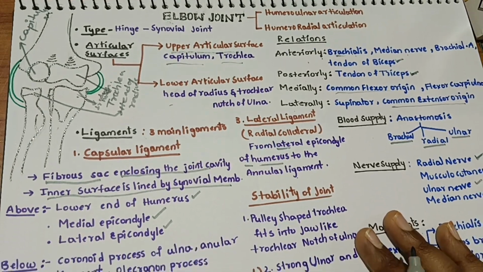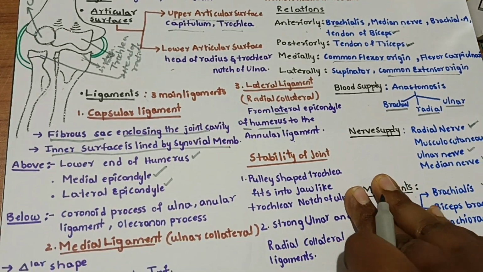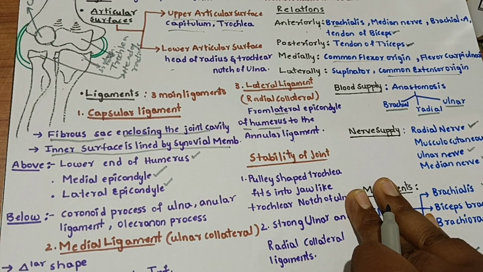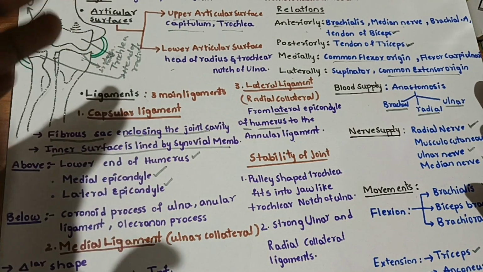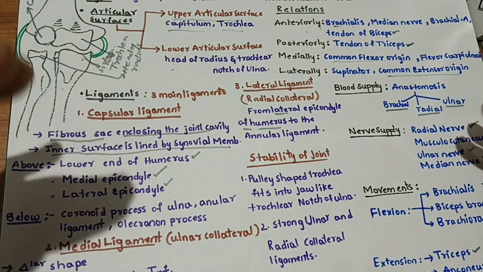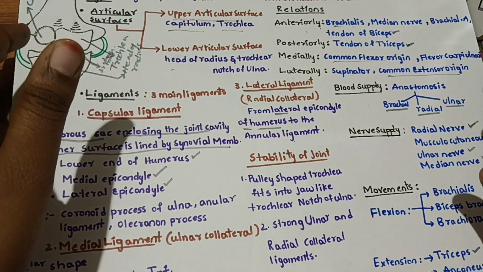The ligaments are the capsular ligament, medial ligament and lateral ligament. The medial ligament is also known as the ulnar ligament, whereas the lateral ligament is also known as the radial ligament. The stability of the joint comes from the pulley shaped trochlea fitting into the jaw-like trochlear notch of the ulna, and the strong ulnar and radial collateral ligaments.